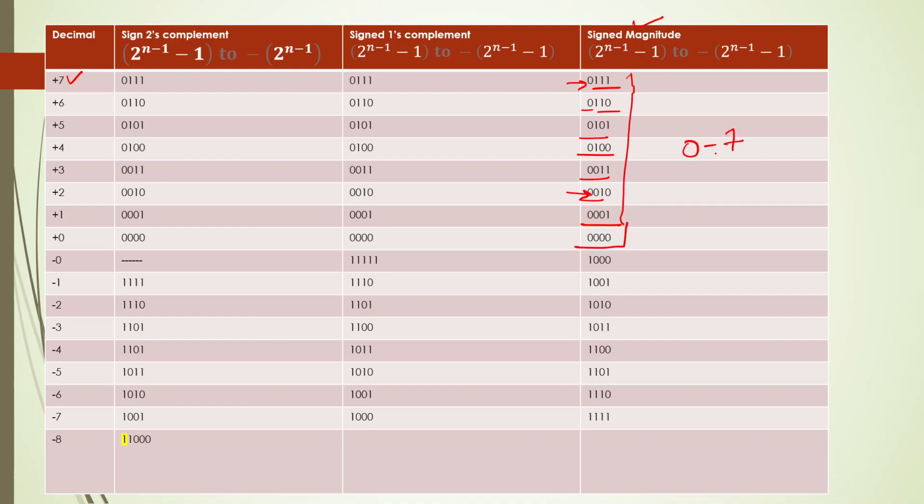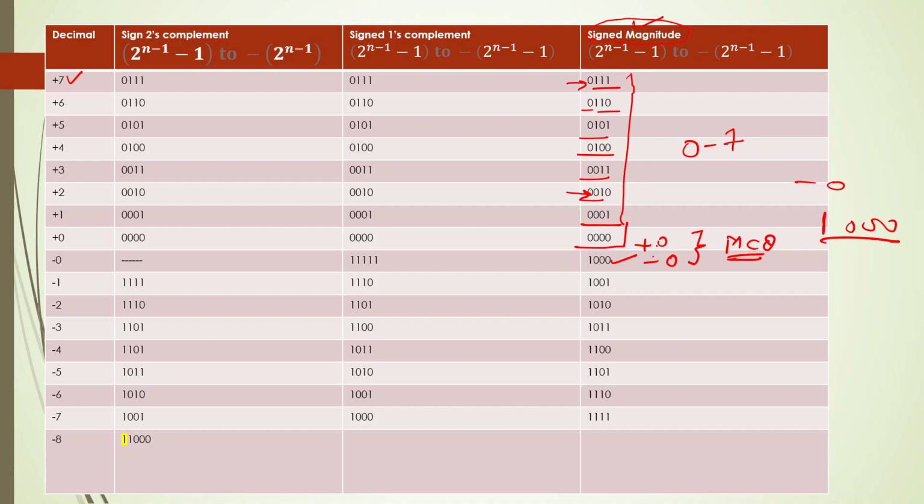Now, if it is minus 0, what we will do is put 1 and then the remaining 3 bits as 0. So this is plus 0 and minus 0. See, there is a catch here. In signed magnitude, the normal number, not 1's or 2's complement, we have 2 zeros. This is an MCQ question. 2 zeros: plus 0 and minus 0.